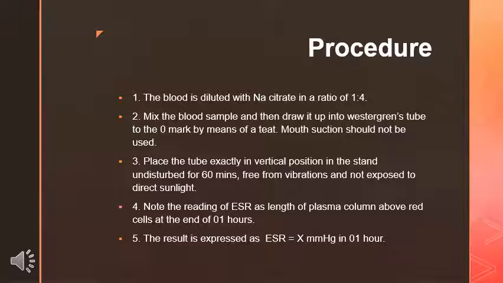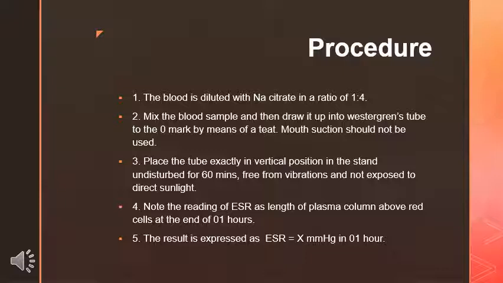After 1 hour we will read the level of RBCs in the column, not the whole column. The unit of results is millimeters in 1 hour, so you will write it completely.